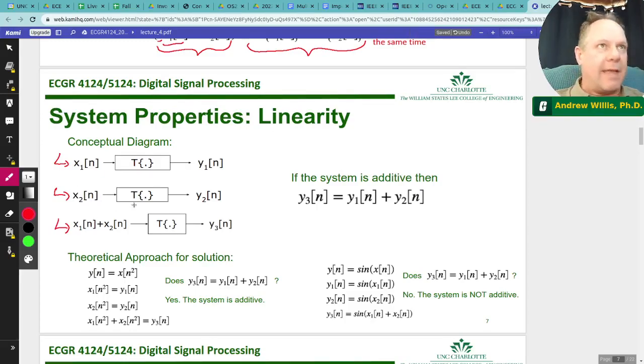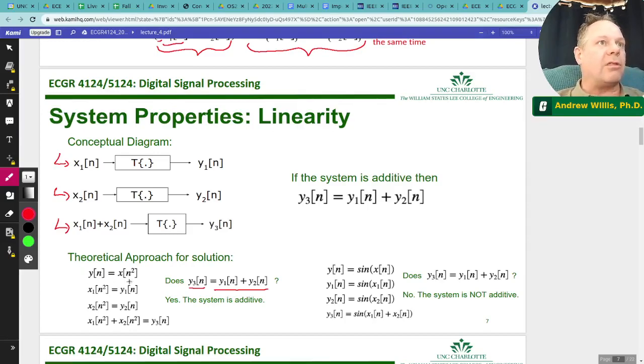I put some signal x2 in, I get some signal y2 out, and then I put in a signal generated from the first 2 signals I assumed to begin with, x1 plus x2, and I generate a third signal. And I ask the question, does that third signal equal the sum of the other 2? If yes, the system is additive. And then I can also put an a and a b here, and ask whether it's scaling too. So this is the additivity property.